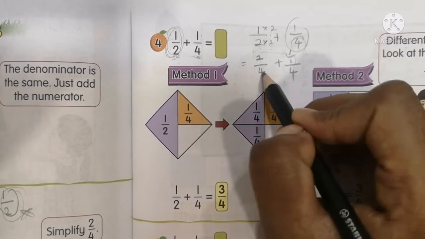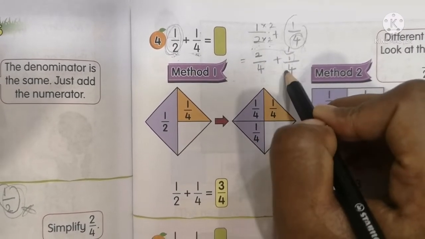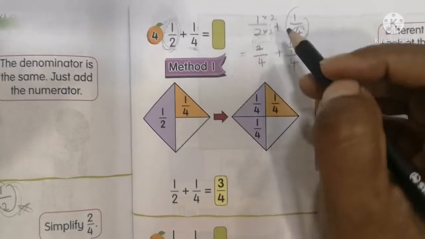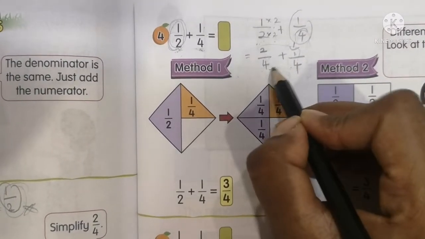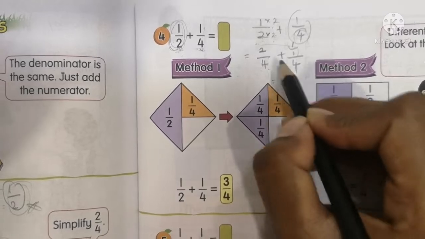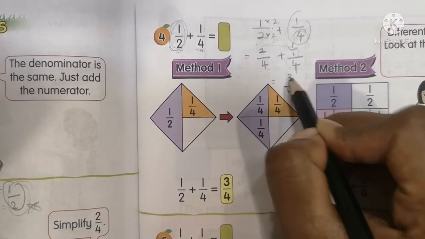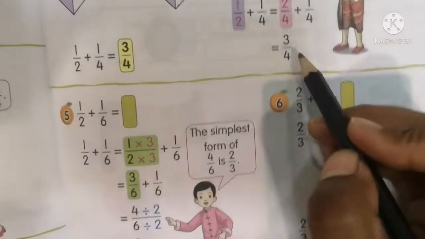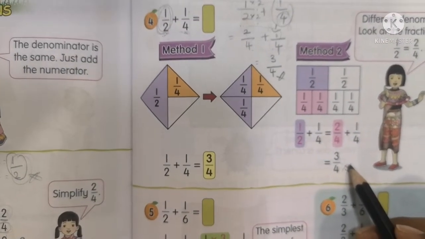We get this, right? Tengok dekat sini, denominator sama tak? The denominator now same, right? So just plus 4, you just write it down there, and 2 plus 1 is 3. The answer is 3/4. Okay, got it?